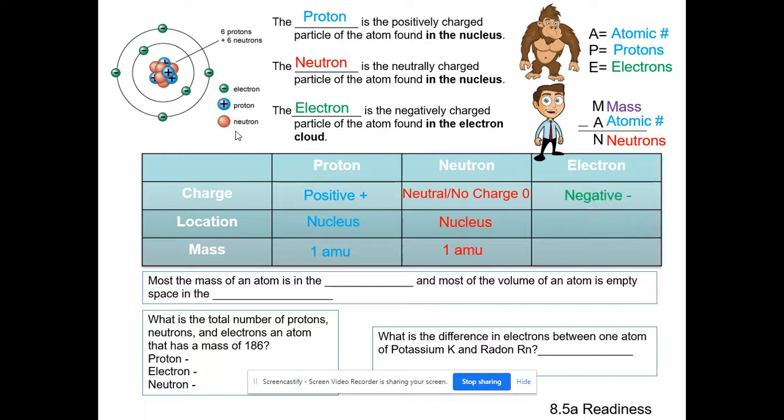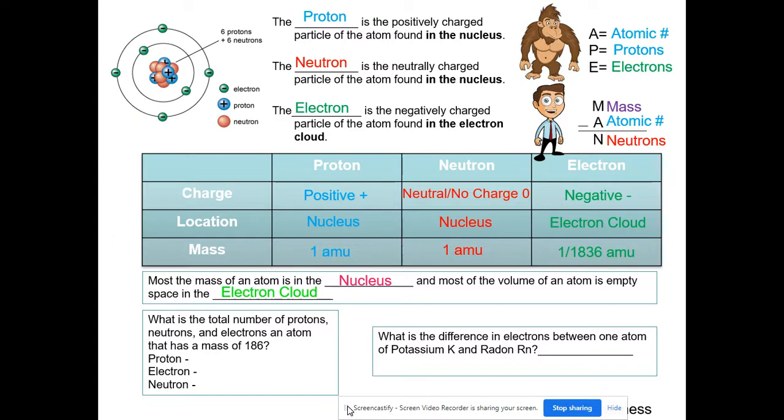Lastly, we have the electron. The electron is negative. It's located in the electron cloud, and it has a mass of negative 1 AMU. Most of the mass of an atom is in the nucleus, and most of the volume of an atom is empty space in the electron cloud.